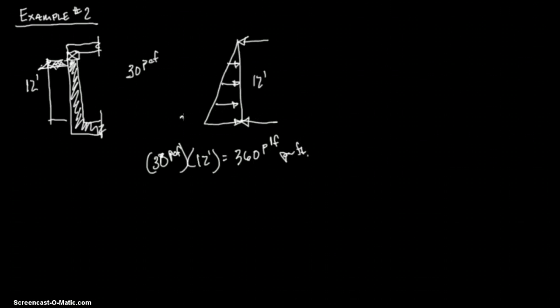And that's 360 PSF. I'm just going to write that. And then we know that your P equals 1/2 times 12 foot again times 360 equals, we already know this, but we're going to do it again, 2160.